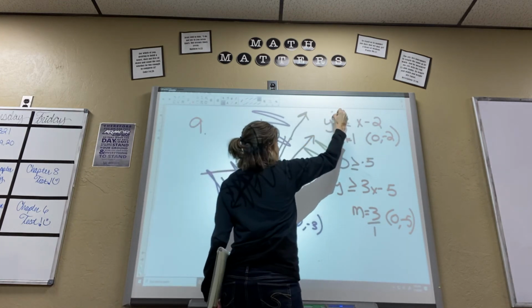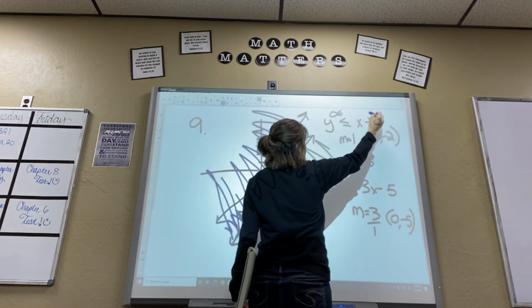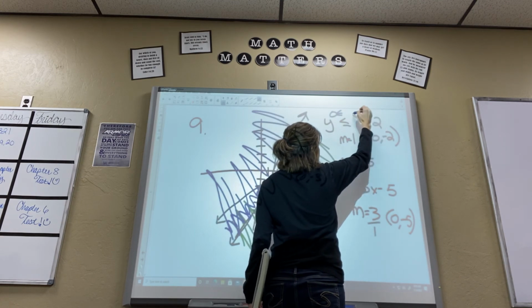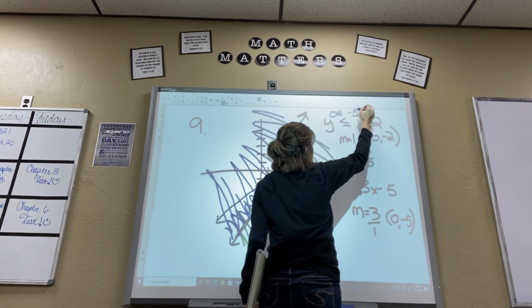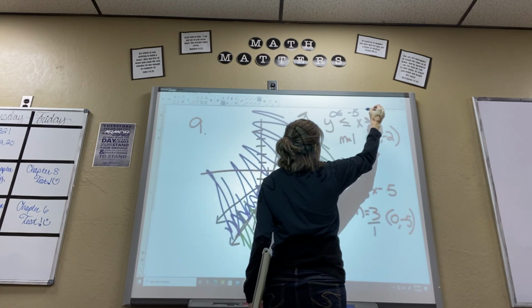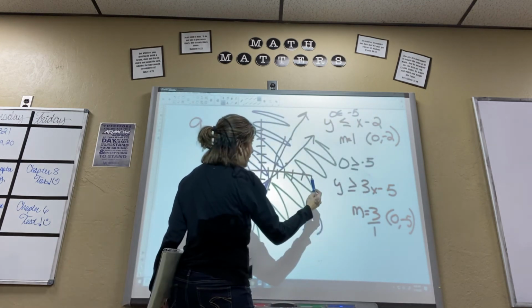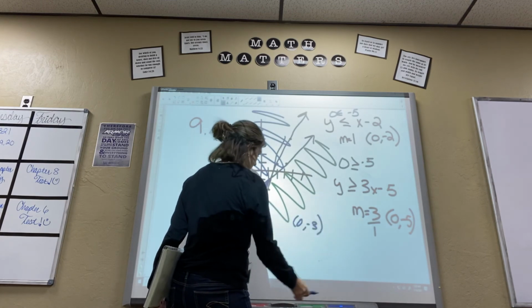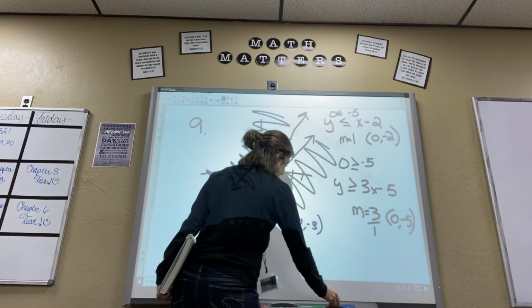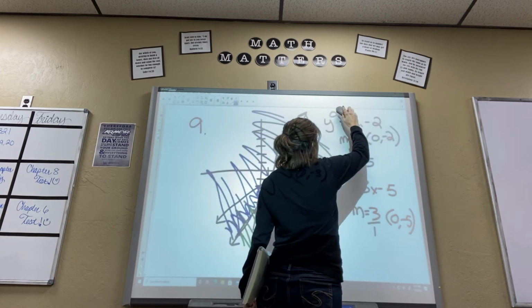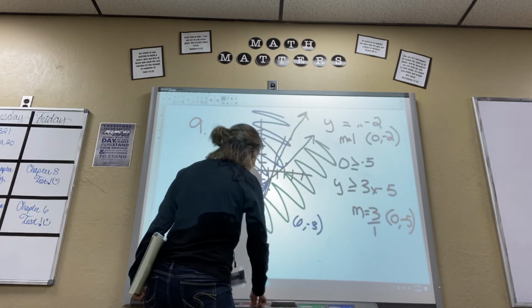So we have 0 is less than or equal to negative 3, minus 2 is negative 5. Okay, and then we have, oh wait, that's not what I did. I put it in for the wrong, because that's not true.